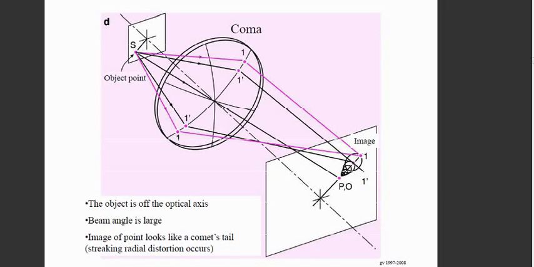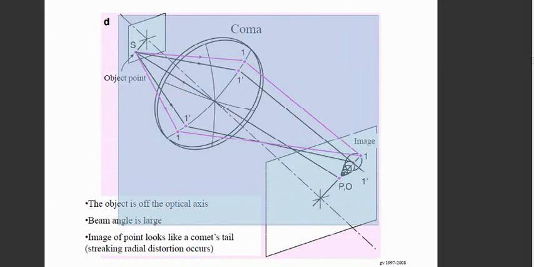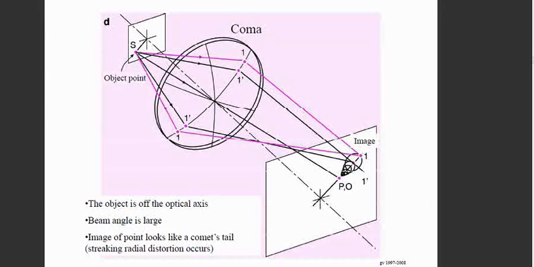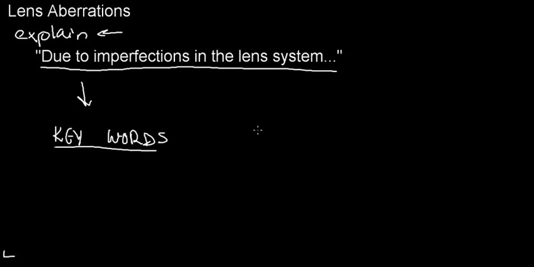Moving on, coma. When you look at coma, don't really prepare to draw this. I wouldn't really recommend that. That may be quite annoying. But the first thing about coma is that the object is off the optical axis. And what do I mean by that? If this is my lens, and this is the center of the lens, and this is the optical axis, the object should ideally be here.